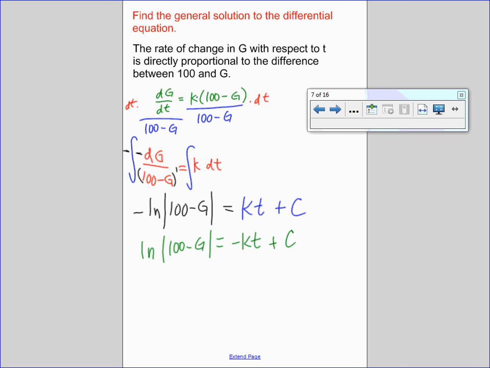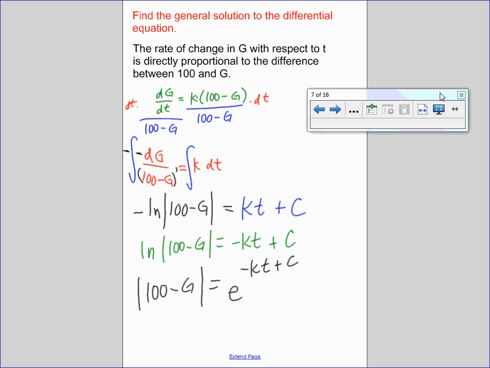All right, next I'm going to go ahead and exponentiate. That is, to get rid of my absolute value bars, I need to do e to the. So the quantity inside, in this case absolute value 100 minus g, is going to be equivalent to e to the negative kt plus c. And again, we're still trying to solve for g. So I'm going to keep my bars on the absolute value for the left.